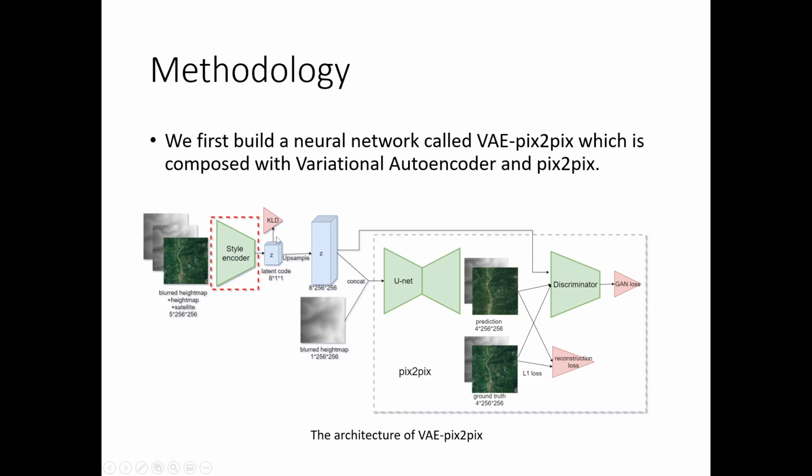And after we get the latent code, we upsample it 8 times to 256 by 256, and we concatenate it with our blur height maps, and we send these into the pix2pix model, and pix2pix will generate a fake height map and a fake satellite image, and we compare it with the real images and calculate the L1 loss.